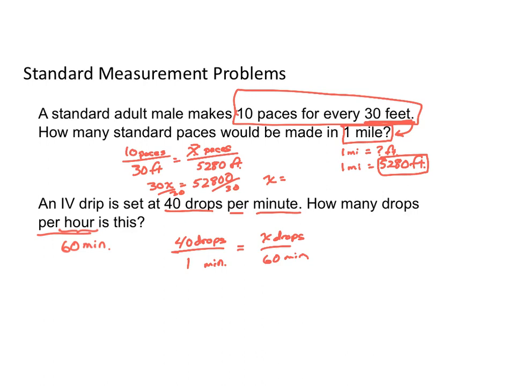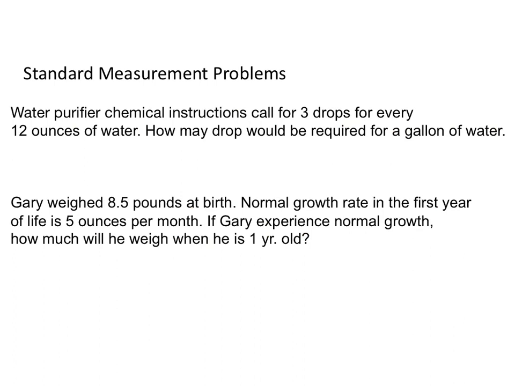Now on this one, when you cross multiply, it's just 1 times x, which is 1x, which is nice, and 40 times 60, whatever that is. 40 times 60 would be 2,400. So that'd be 2,400 drops per hour. Label your units on your answers. Thank you very much.